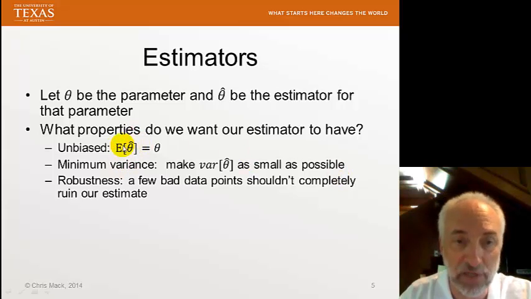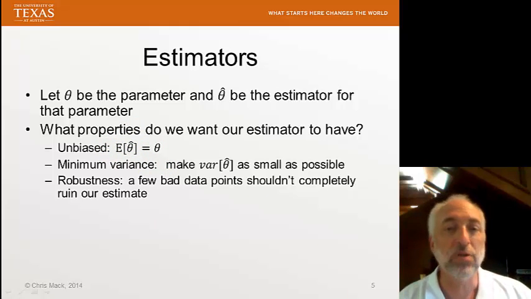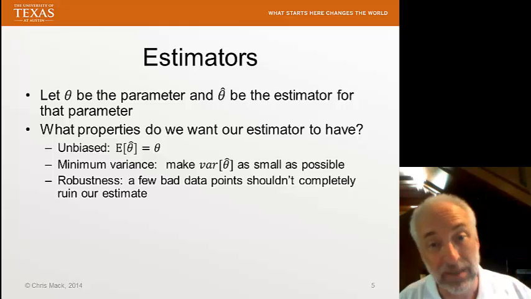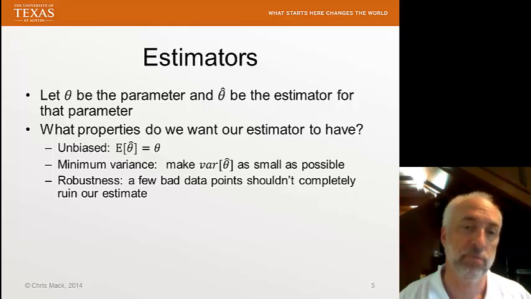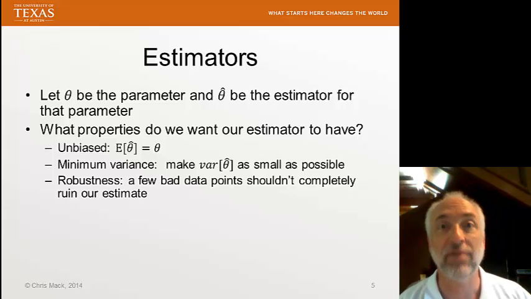What that means is the expectation of theta hat equals theta. In other words, if I let my sample size get larger and larger, our estimator should converge to the correct value. That means it's unbiased.